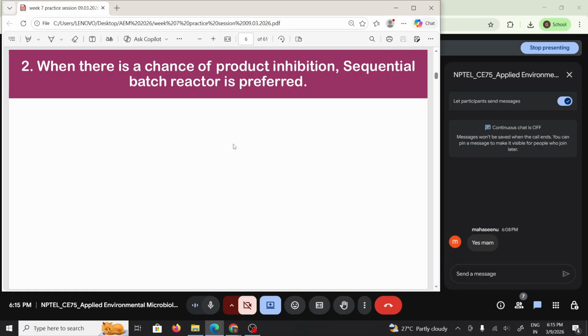So this is the second question. When there is a chance of product inhibition, sequential batch reactor is preferred.